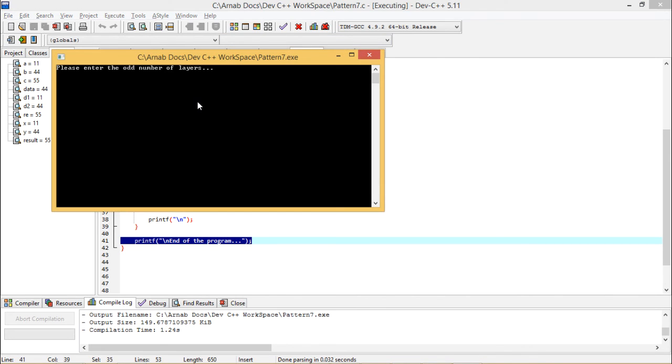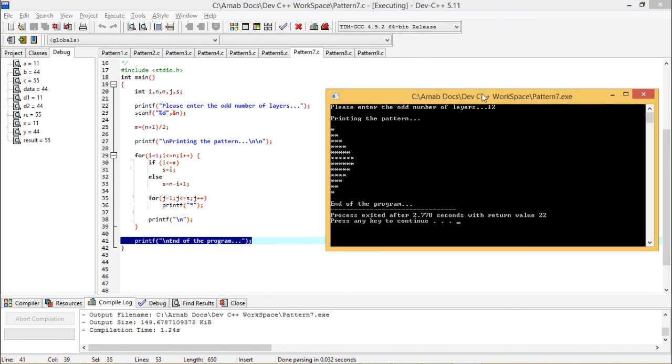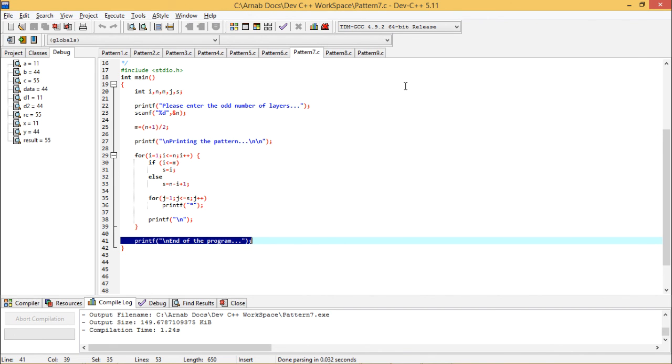Let me check. If I give 12 and press enter, the pattern is printed, but it is not symmetrical, because the number of layers we provided is not odd but even.